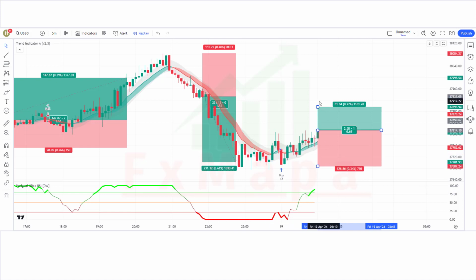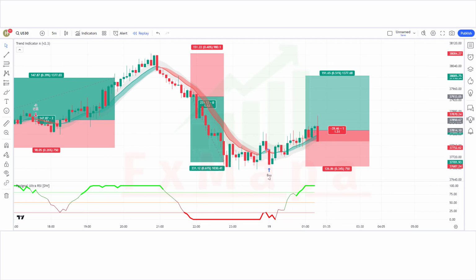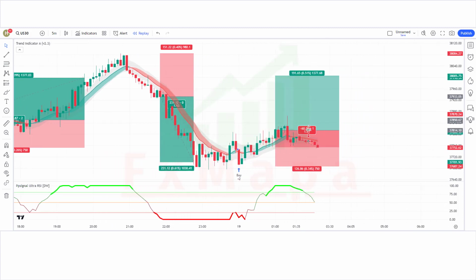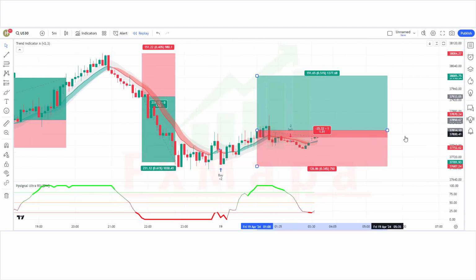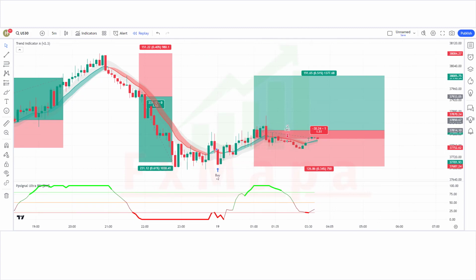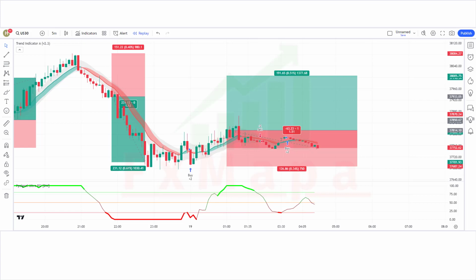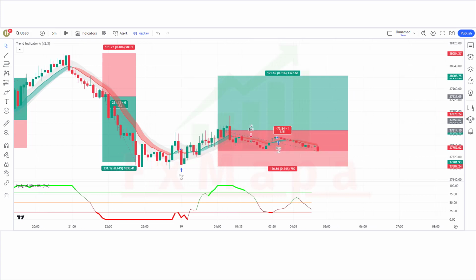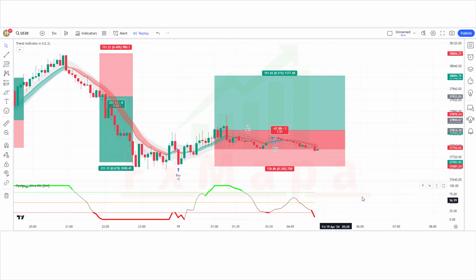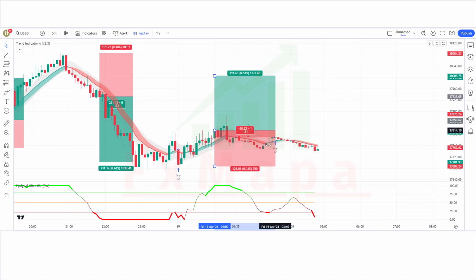And the risk to reward ratio will be 1:1.5. Let's see what happens to our trade. Our trade is running in profit. Here we are closing our trade as we have received a sell signal.